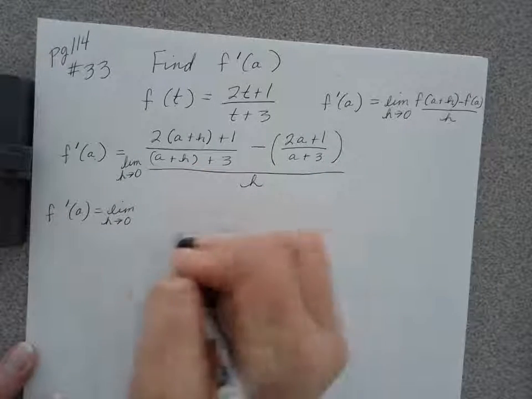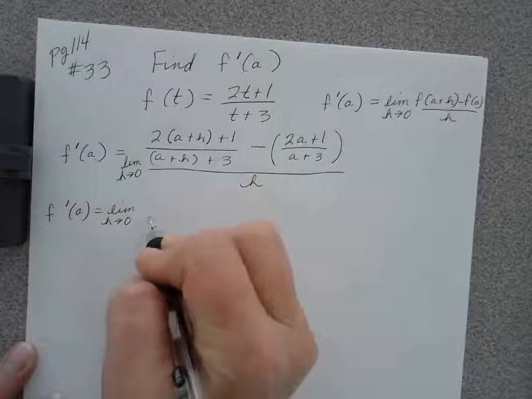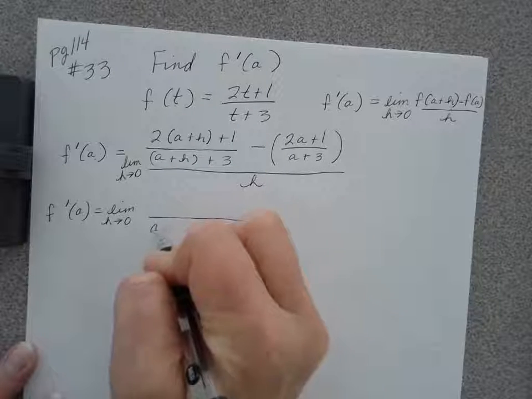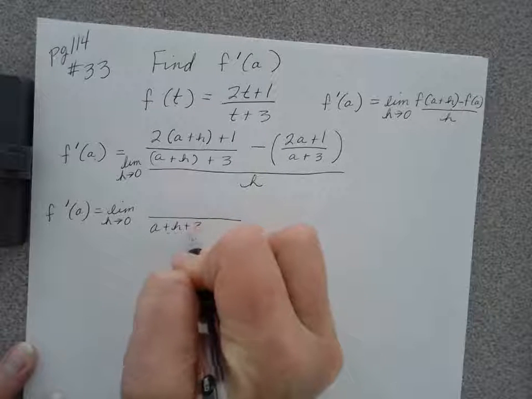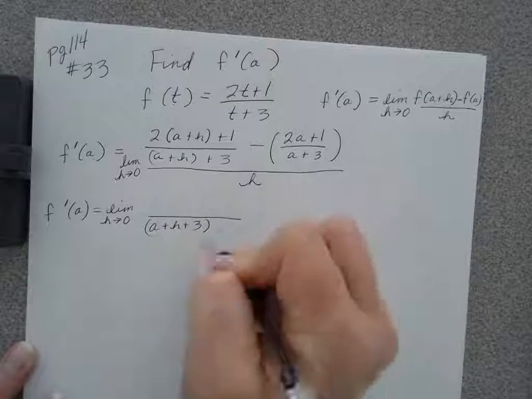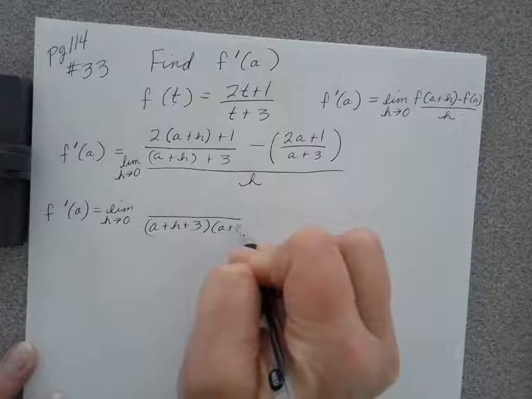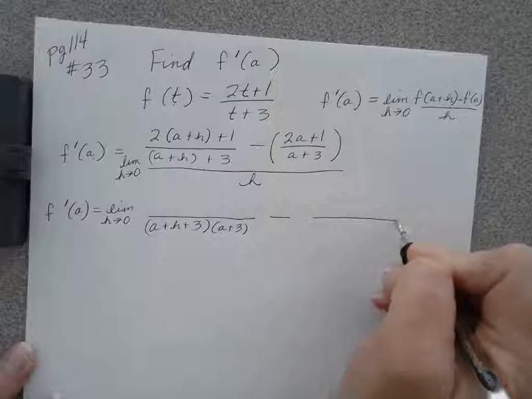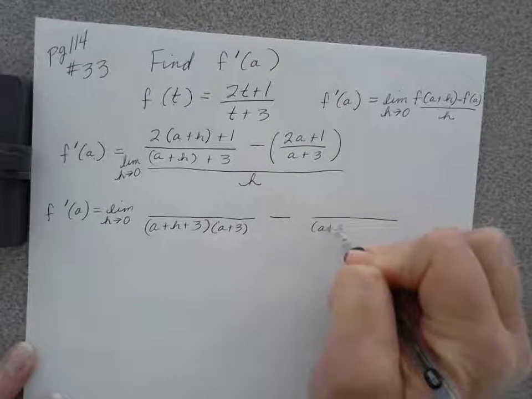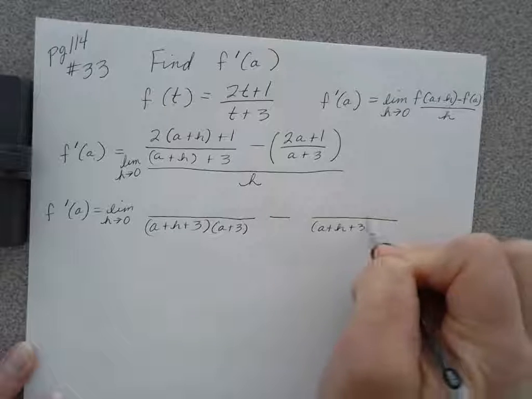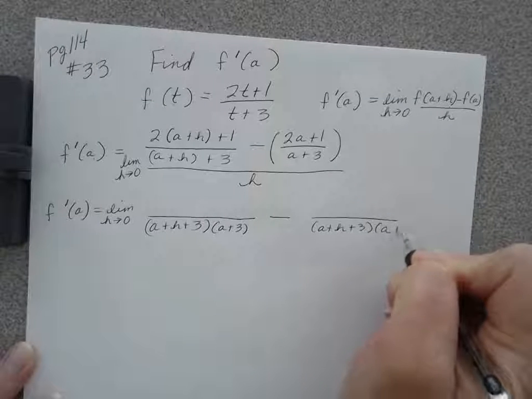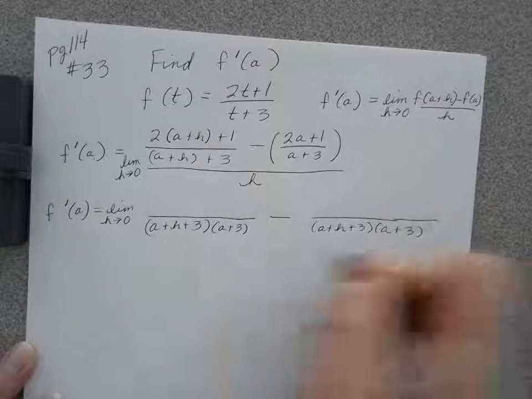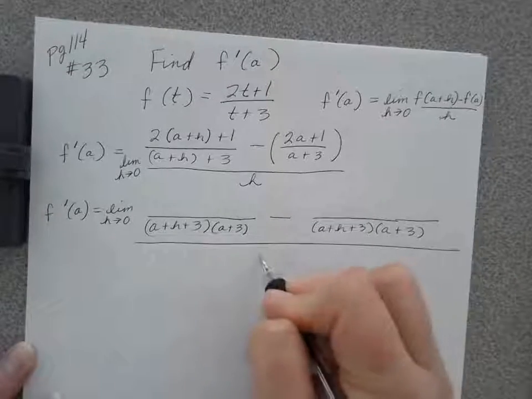So my common denominator is going to be a plus h plus 3 times a plus 3. Okay, so that's going to be the common denominator. So I'm going to have two fractions with that denominator. Okay, and that whole thing is going to be over h.